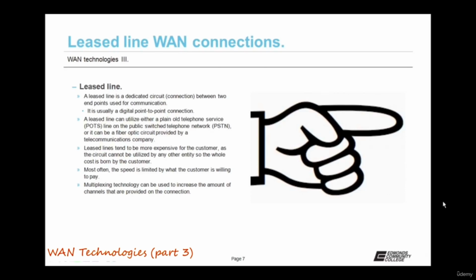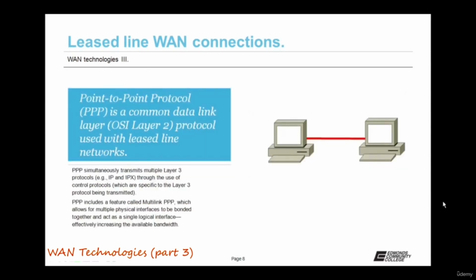Most often the speed of a leased line is limited by what the customer is willing to pay. There are some multiplexing technologies out there that can be used to increase the amount of channels that are provided on the connection. One of the leased line technologies that you need to know about is point-to-point protocol, PPP.